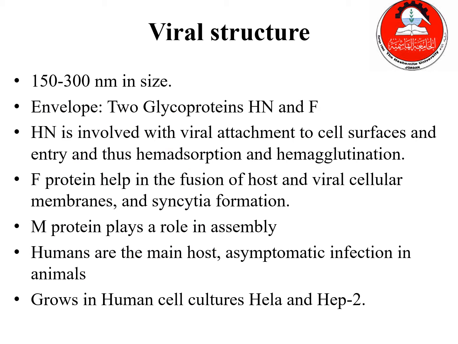The virus has a size which ranges from 150 to 300 nanometers. It is an envelope, and within the envelope we have 2 glycoproteins, the HN and the F protein. The HN is involved in the attachment to cell surface and entry, and thus hemadsorption and hemagglutination, which occurs as a result of this glycoprotein.